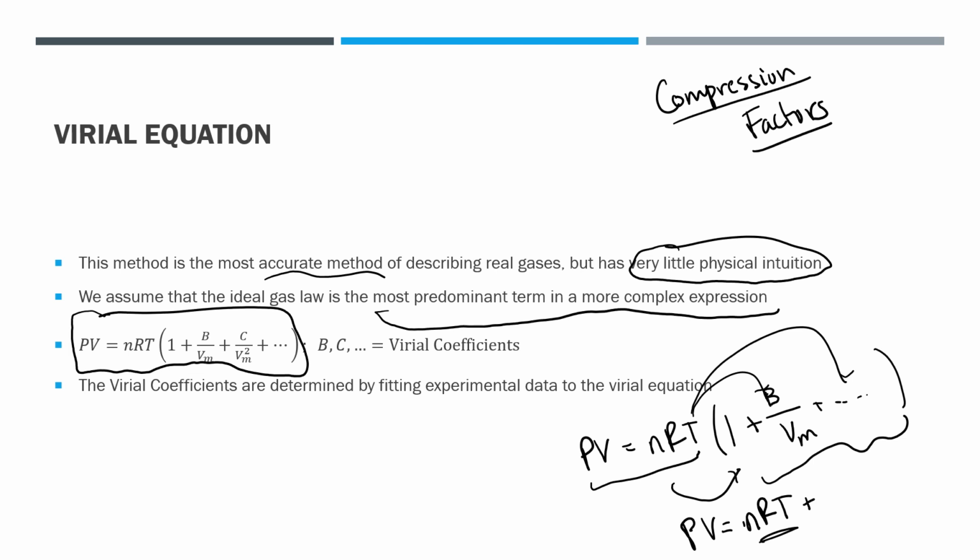That shows that the ideal gas law actually does pop out of this, and we're just adding new terms that have a smaller effect on the right side of the equation. The main predominant term is the nRT, which gives us our ideal gas law.